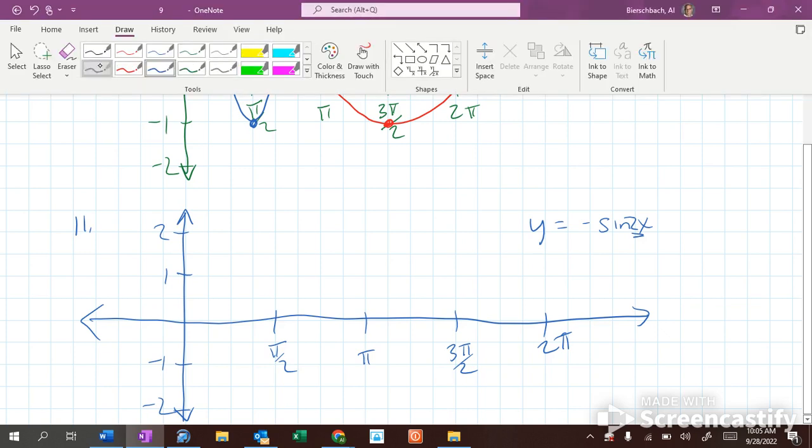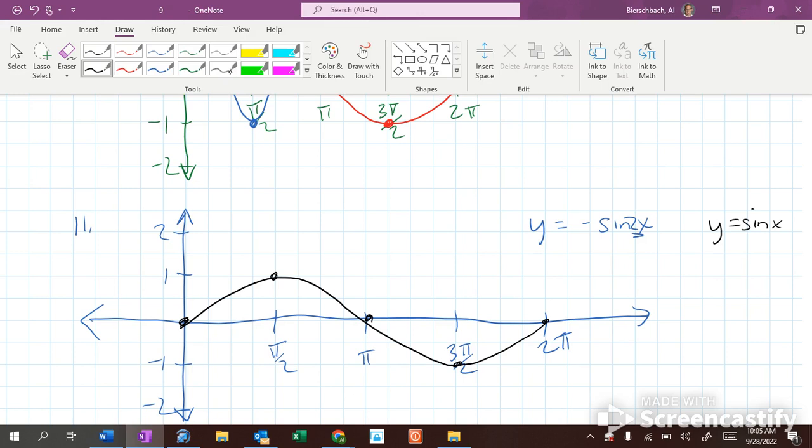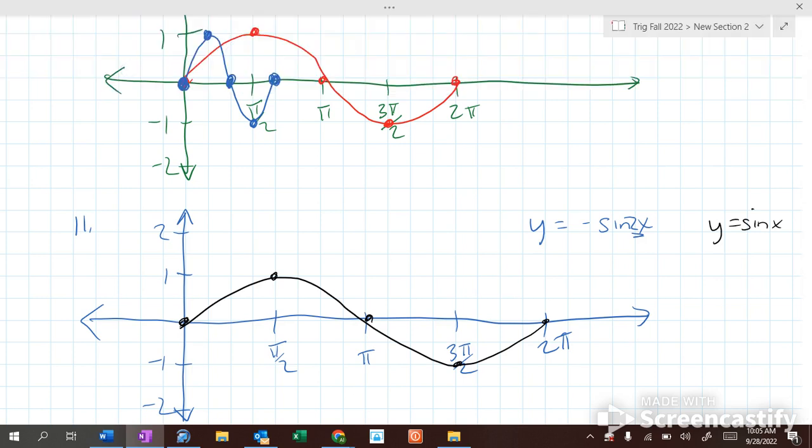All right, so I'm going to graph y equals sine of x first. So it's 0, 1, 0, negative 1, 0. Then I'm going to graph y equals negative sine of x. So 0, negative 1, 0, 1, 0.